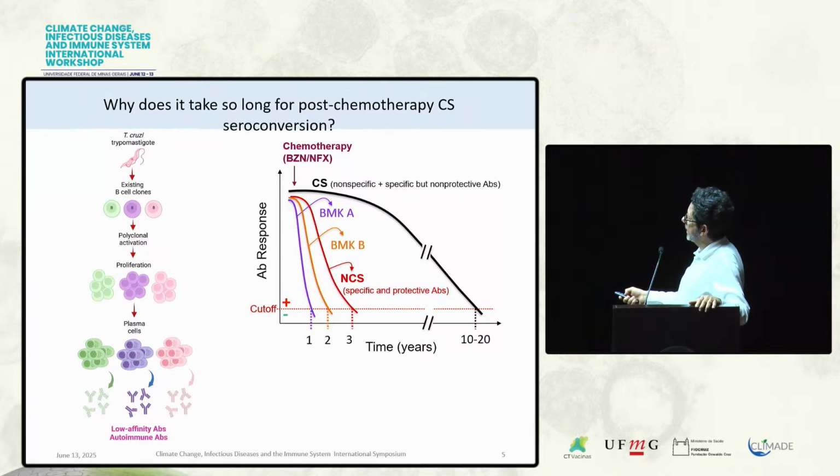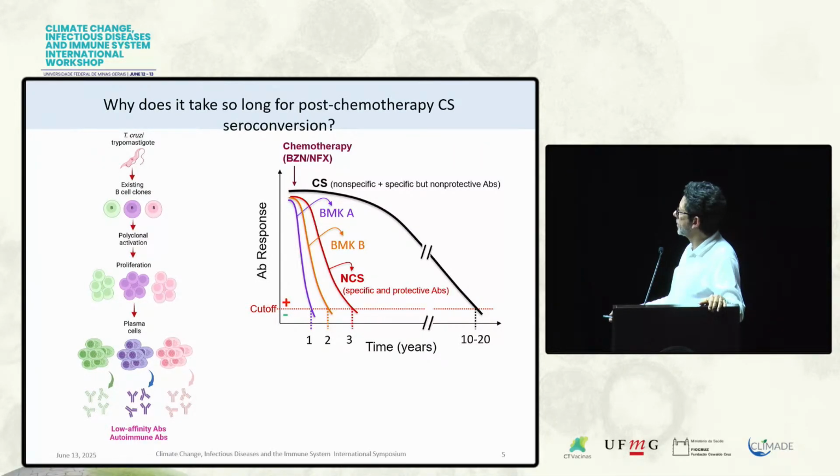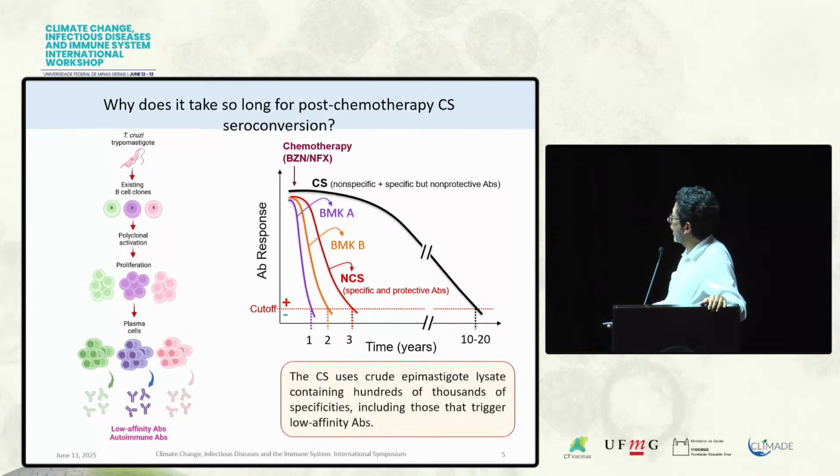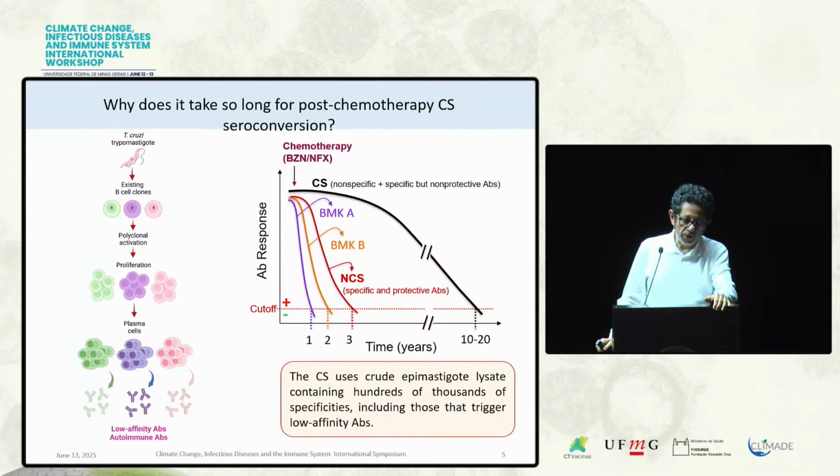So our goal is to find biomarkers that can detect the response, either cure, or at least that the patient has been responding to the treatment. You cannot wait 10, 20 years for that. The conventional serology uses crude epimastigote lysate containing hundreds of thousands of specificities, including those that trigger low-affinity antibodies.